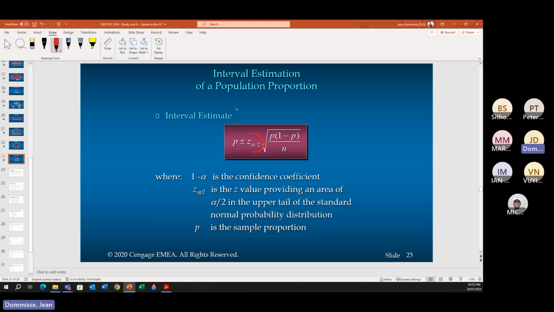And you will see that with your population proportion, or with your proportion, there's only one. So when they use it in the assignments or the exam, if they use population proportion or sample proportion, it doesn't matter. It's only with the mean that it matters whether it is unknown.